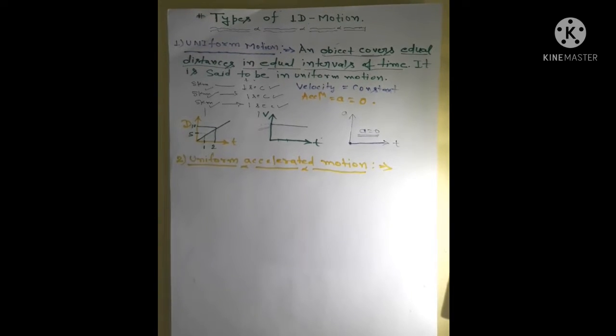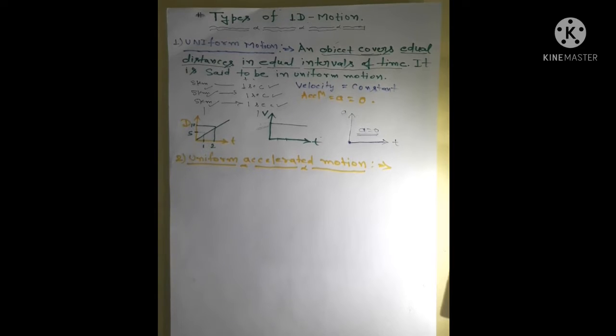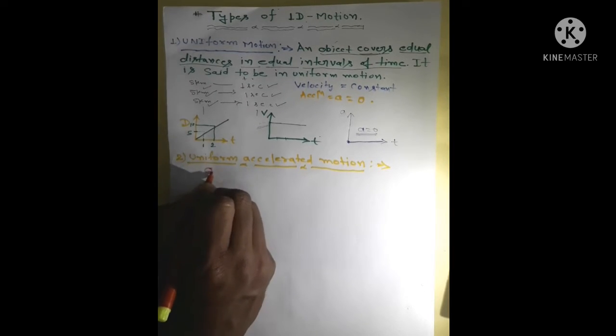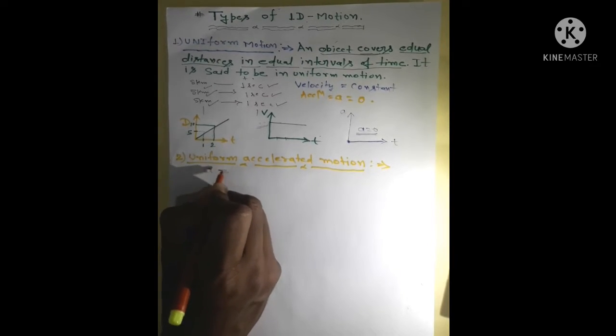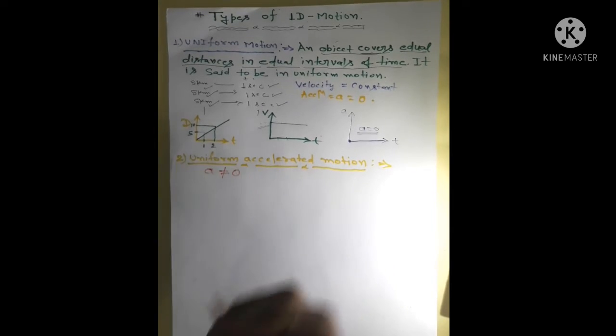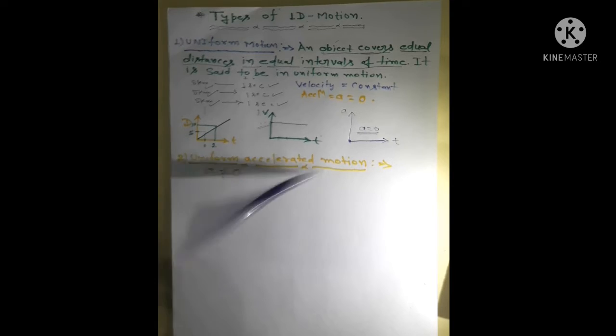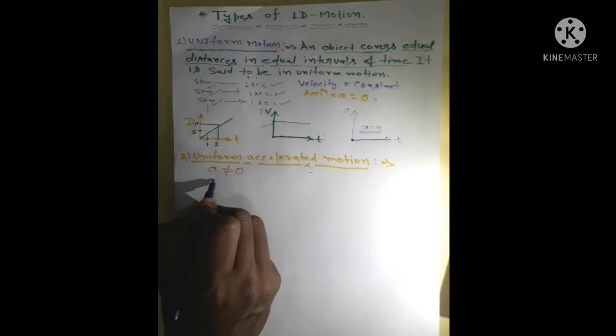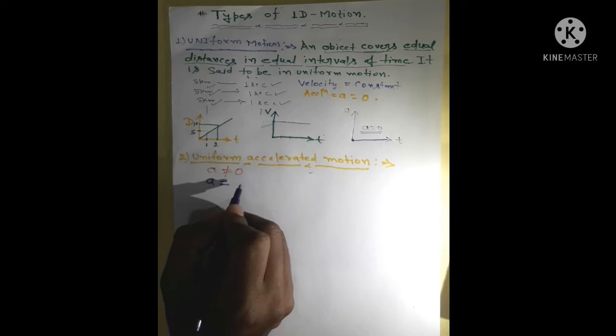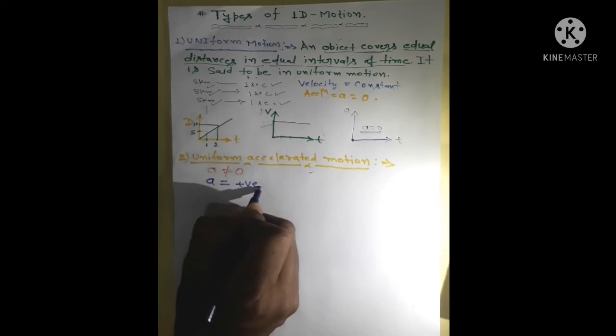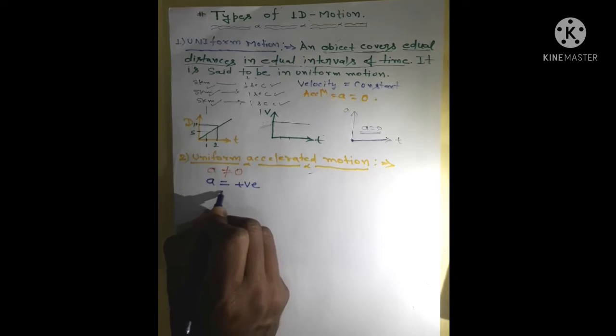Now we will see uniform accelerated motion. Uniform accelerated motion means acceleration is not equal to 0. Acceleration is positive and constant.